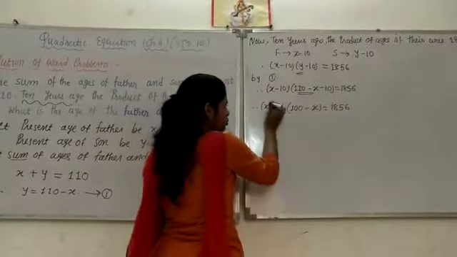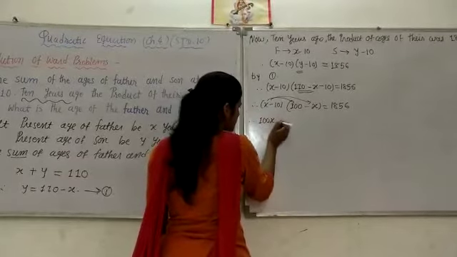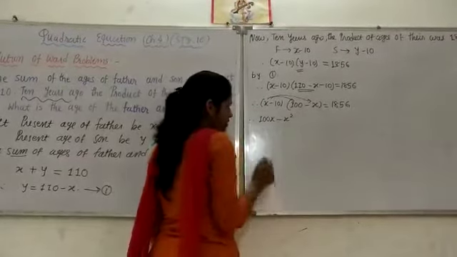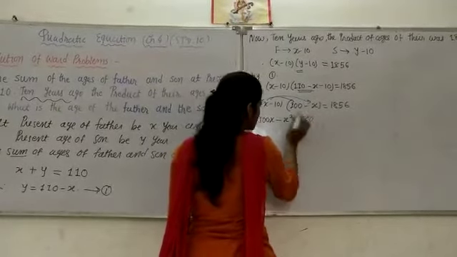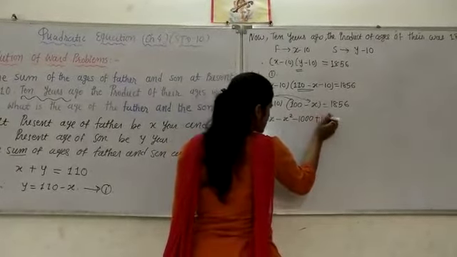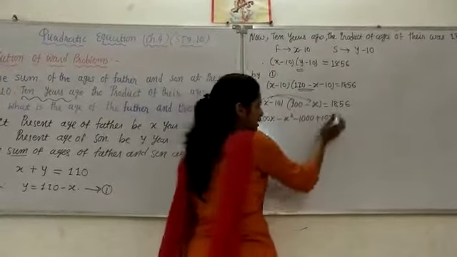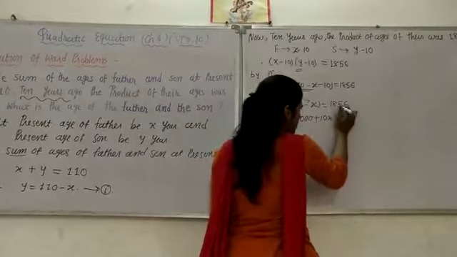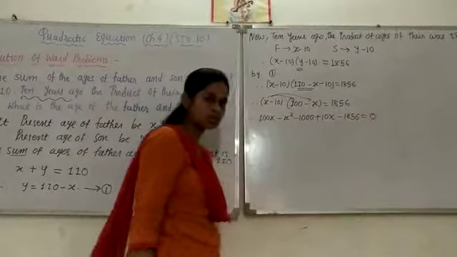Now multiply these two brackets: 100x minus x square, minus 1000 plus 10x. Now change the side, so this becomes minus 1856, which is equal to 0.